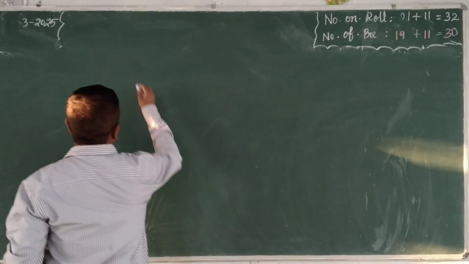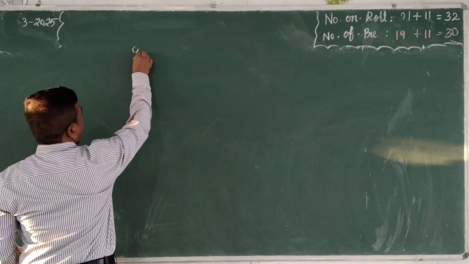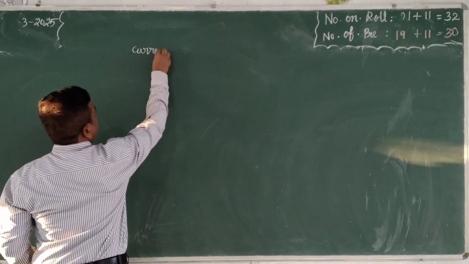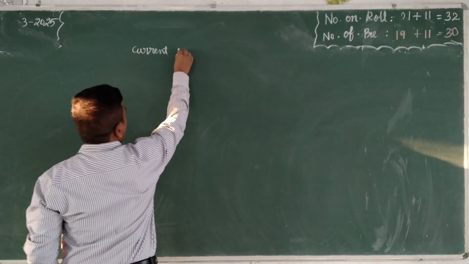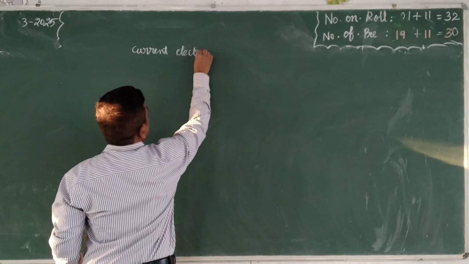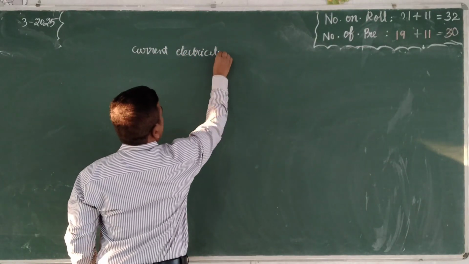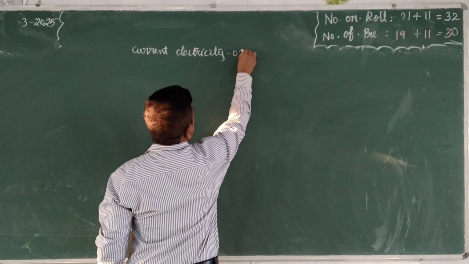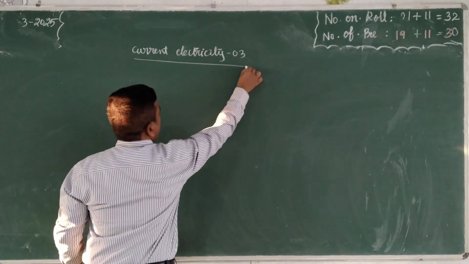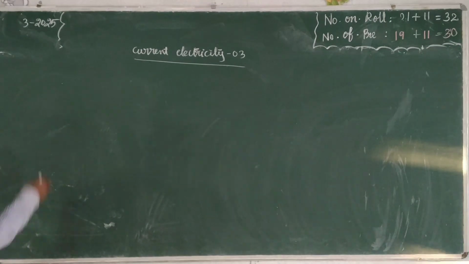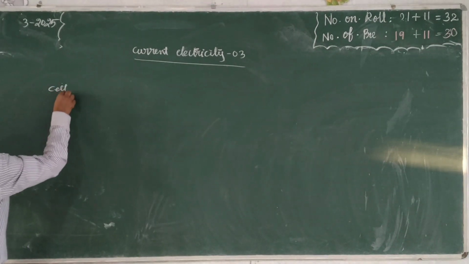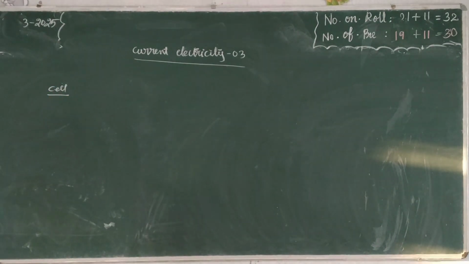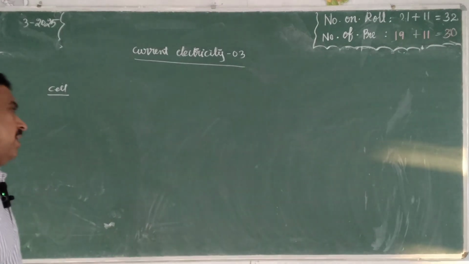See here, what is the lesson name now? Current electricity, third lesson. In this one, we first discuss cells in combination, that is, series combination and parallel combination.